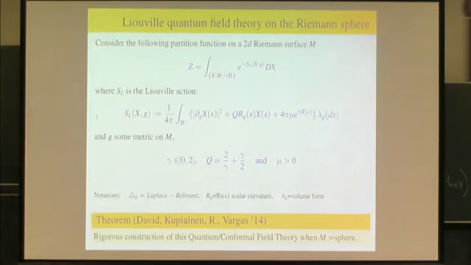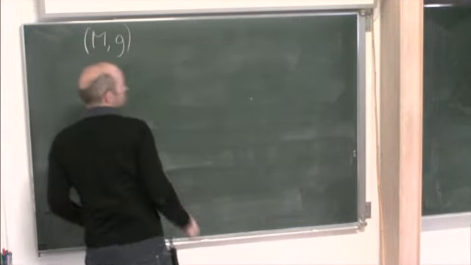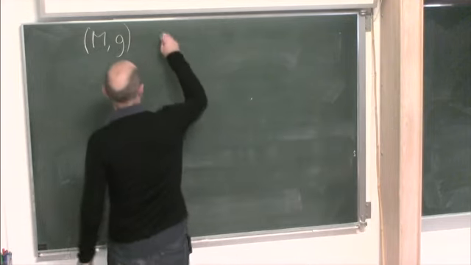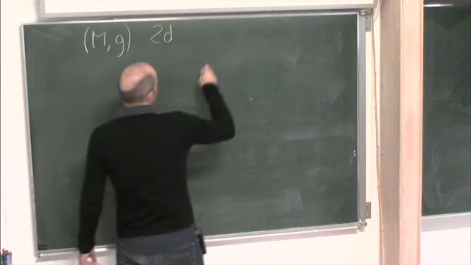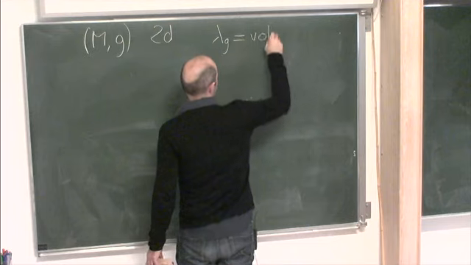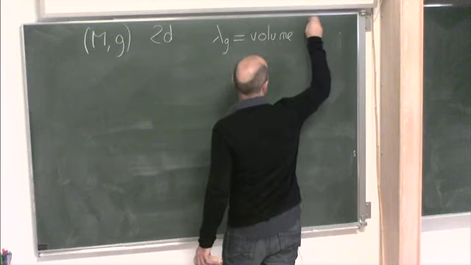So you've got a Riemann surface, a two-dimensional Riemann surface, call it M. It is equipped with a metric, call it G. And when you have a metric on a two-dimensional Riemann surface, you can define a volume form. For instance, if you are on Euclidean space, this is just the Lebesgue measure.